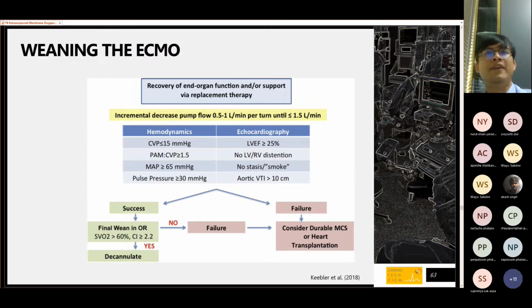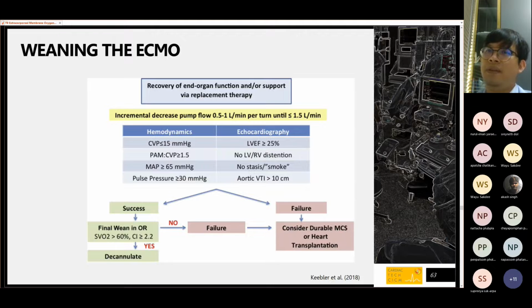If it's a failure, we need to consider using another machine, I mean mechanical support, like a VAD or any other machine, or sometimes we need to list the patient as a candidate for heart transplantation, or sometimes we need to buy time to support their family.